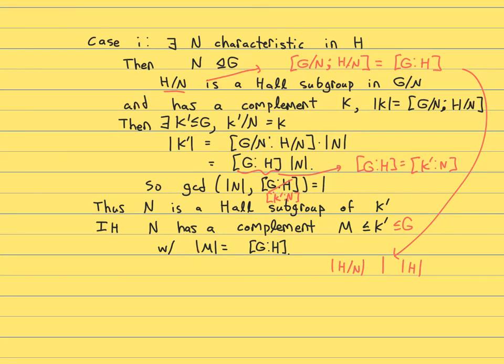We had to apply the induction hypothesis twice, and the main reason is because this group here almost had the right size. Its quotient had the right size, but it had this multiplication factor. So these extra steps were just to get rid of that factor.